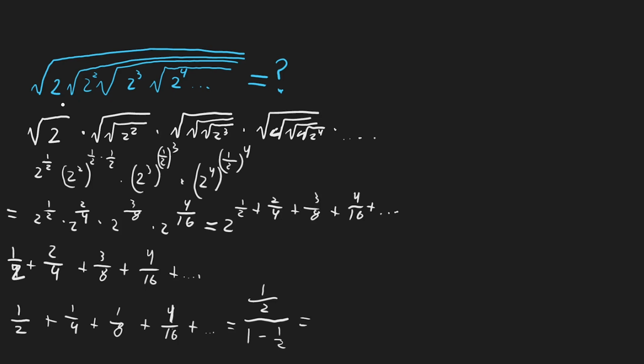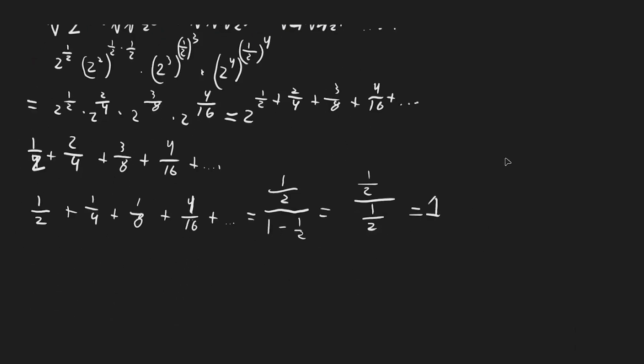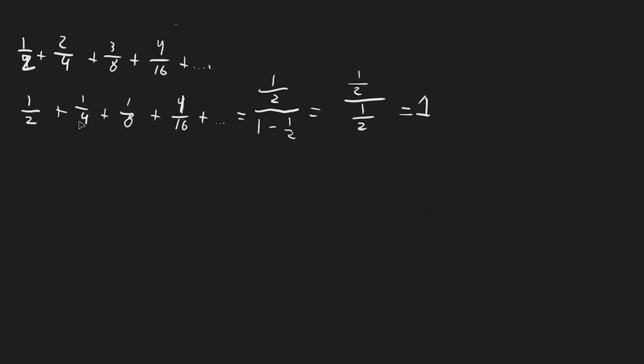So if we calculate this, we'll see that this is half over half, and this is equal to 1. All right, so I'll just go down and get some more space on my blackboard here. So if we had this, then it would be 1.